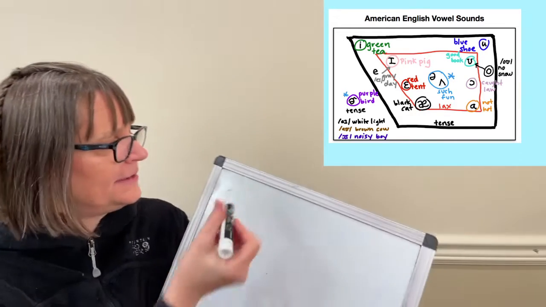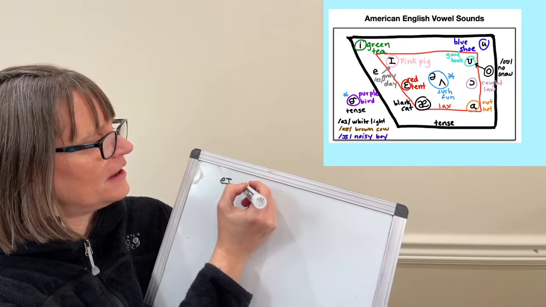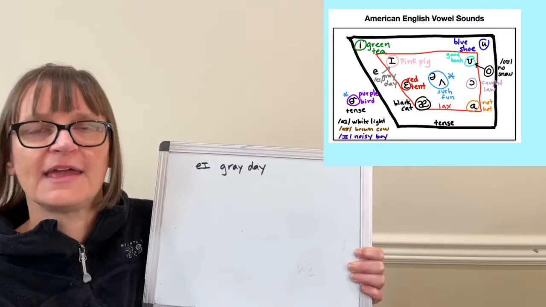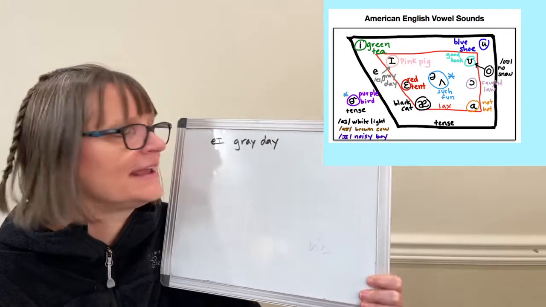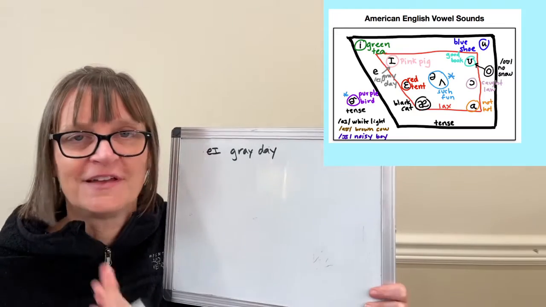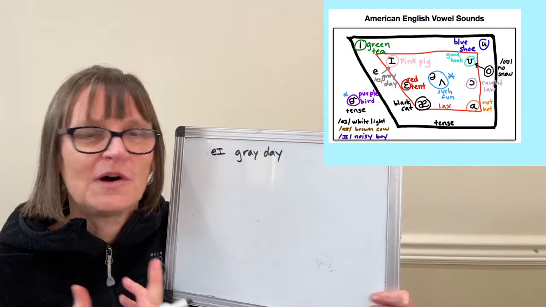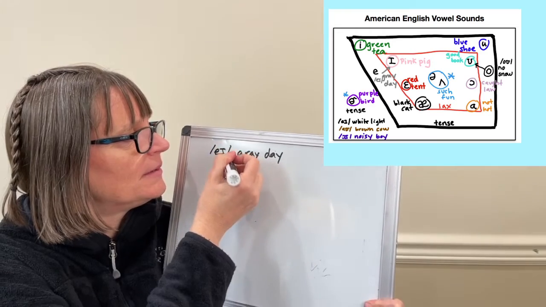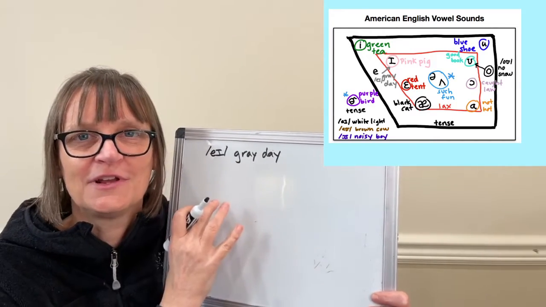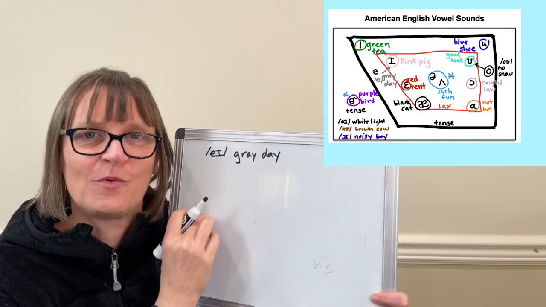So for A, the A diphthong, I use gray day because we often spell it with a Y or AI, like in rain. You can choose your own anchor words, but I like to have reminders of what vowel sound, how we typically spell that in English, making that association, learning to help with spelling and help with sounds.